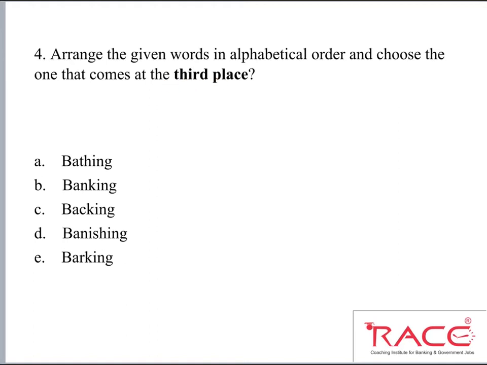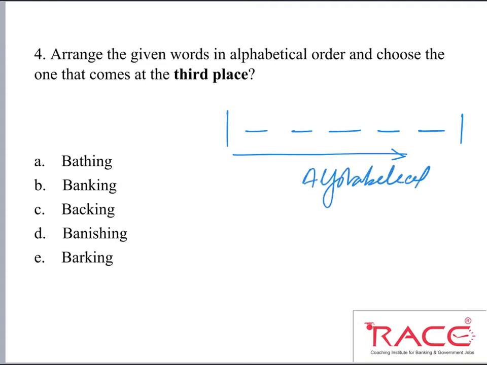So how many words are given? 5. So what we have to do? We have to write them in alphabetical order, and after that, we have to find which word will come at third place. So this is our task.